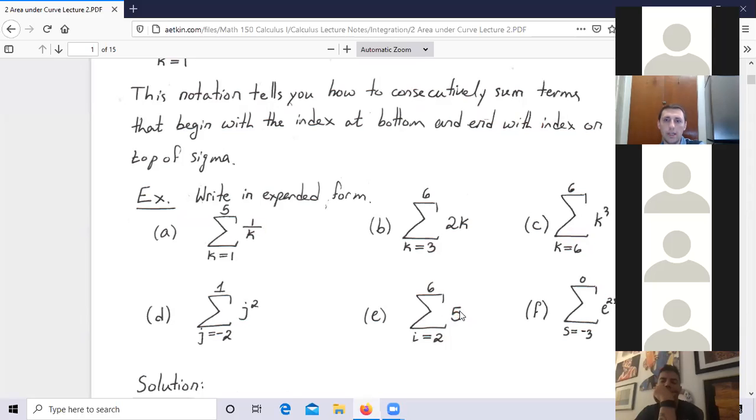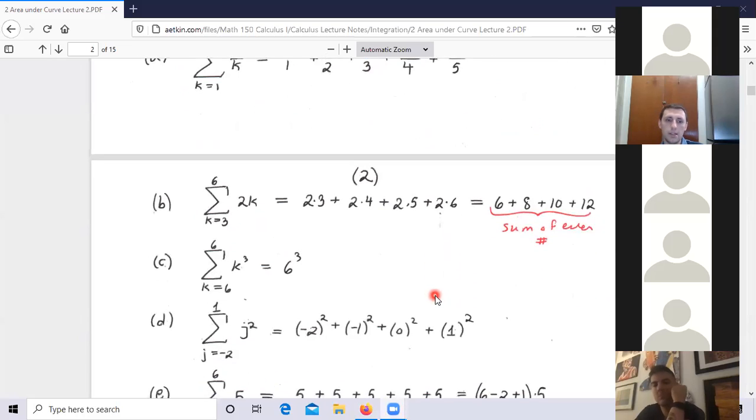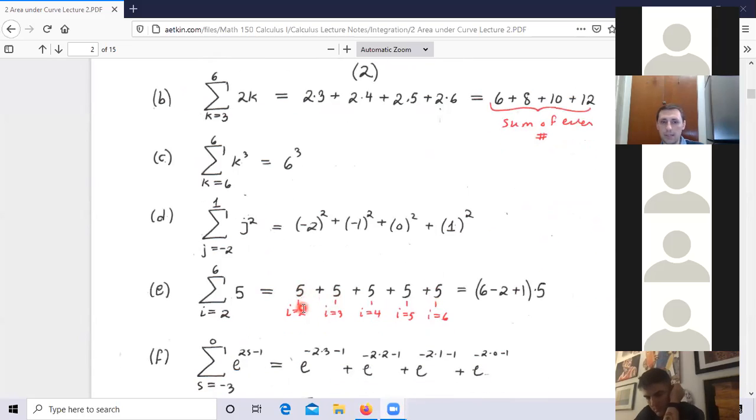Okay, good, Lakey, exactly. So it will be all 5s. Again, it means when i is equal to 2, you write 5, plus when i is equal to 3, it's 5. I is equal to 3, it's 5. You see, you write all those 5s.